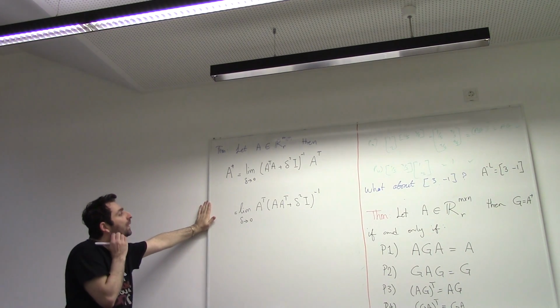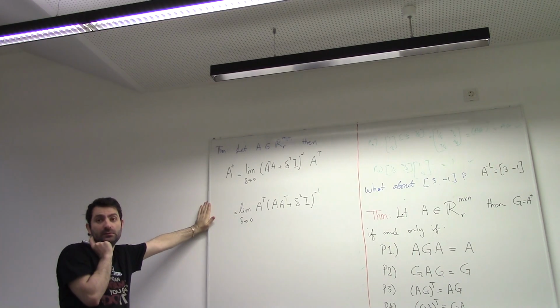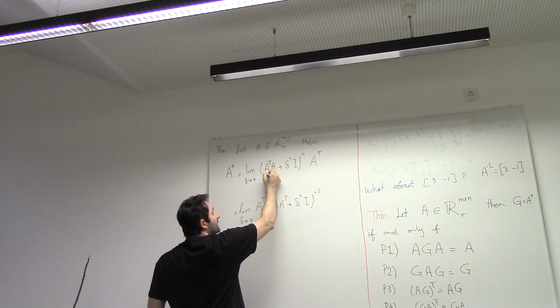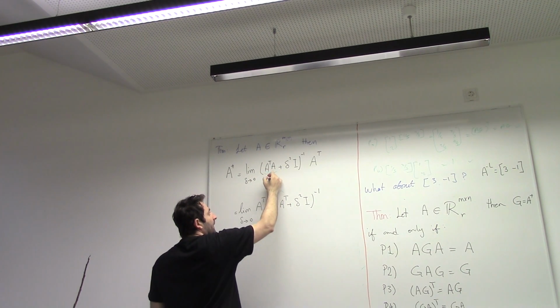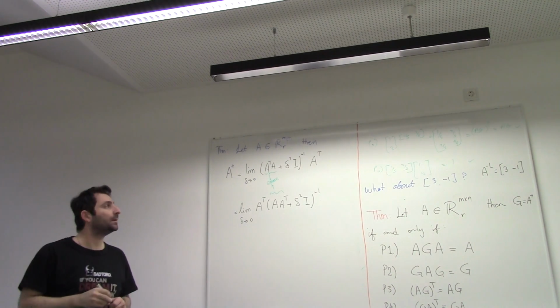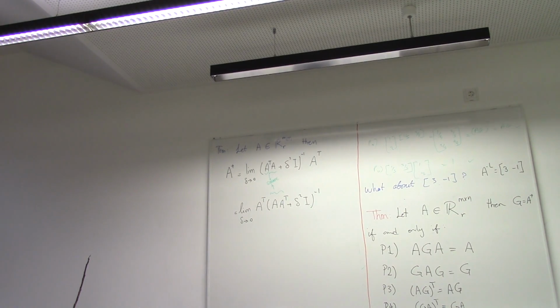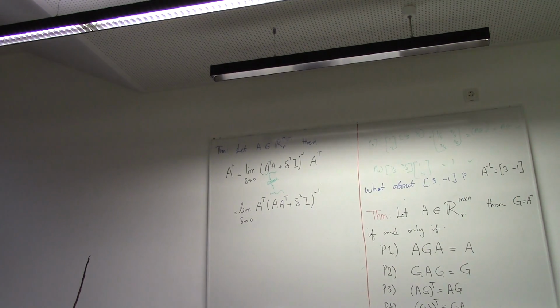Now let's spend a few seconds on this formula. A is not a square matrix, right? But this is square. A transpose A will make it an n by n matrix, and A A transpose is making it an m by m matrix.